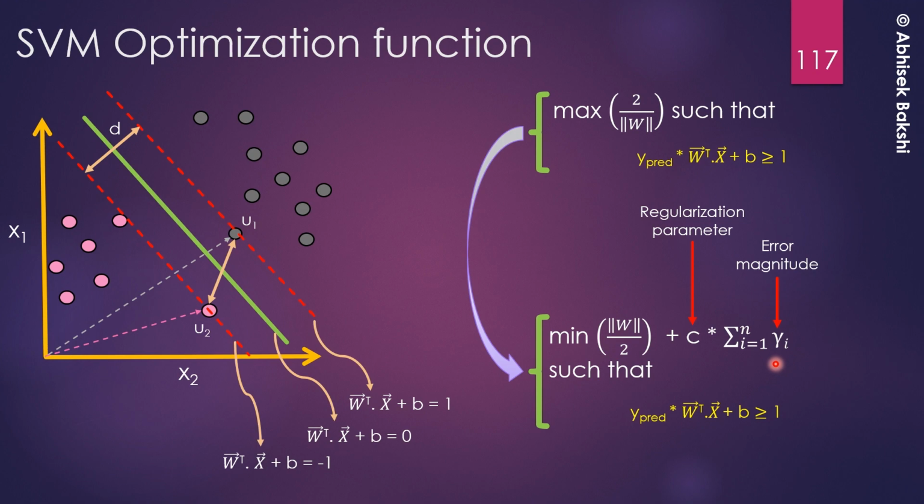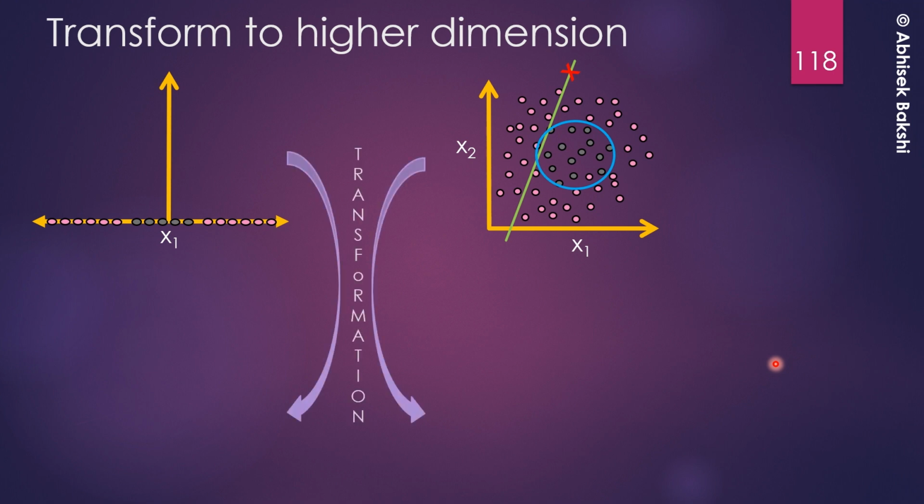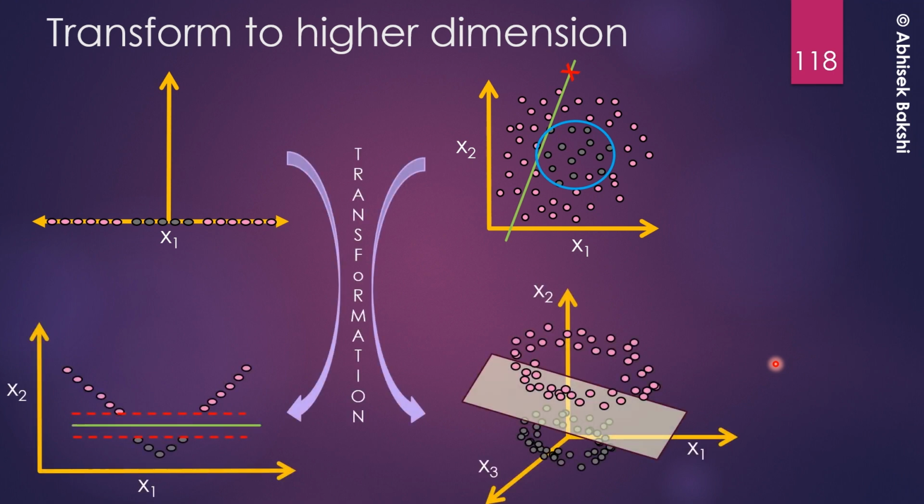One more thing we have seen is that there is always a possibility that the data set is not linear. In that case, we have to do some transformation to make the data linear so that we can apply a support vector machine algorithm. So here I have shown two different transformations, from here to here and from here to here, so that we can put a boundary between them.